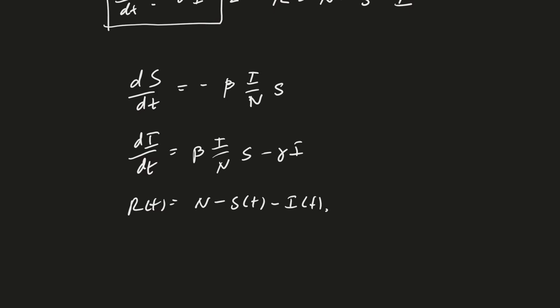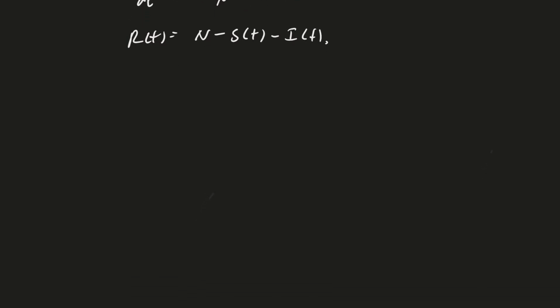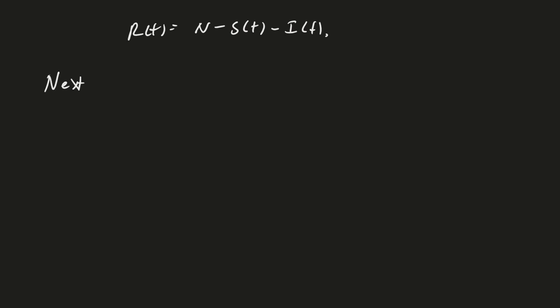Now, we have about 45 seconds left for this video. I just wanted to say that in the next section, we're going to be talking a little bit about the parameters, beta, gamma, and then we're going to also introduce a new parameter, and that's called R sub 0.